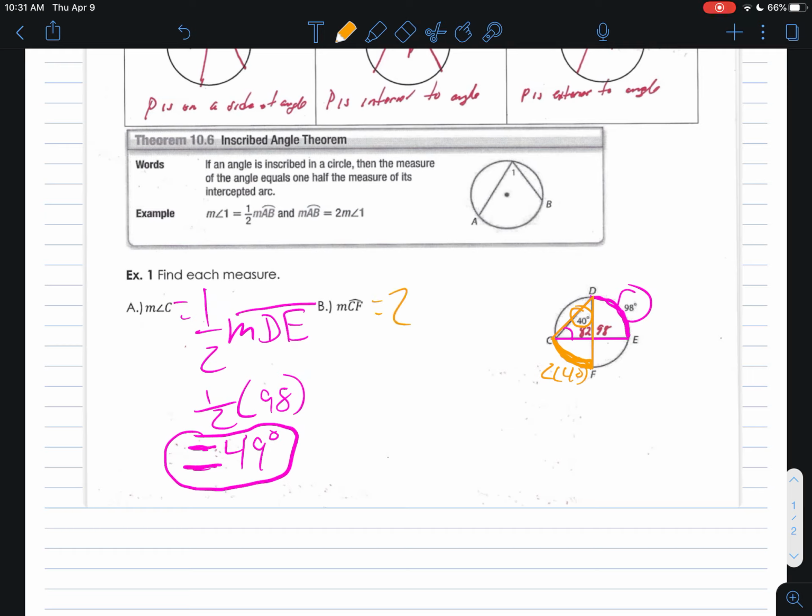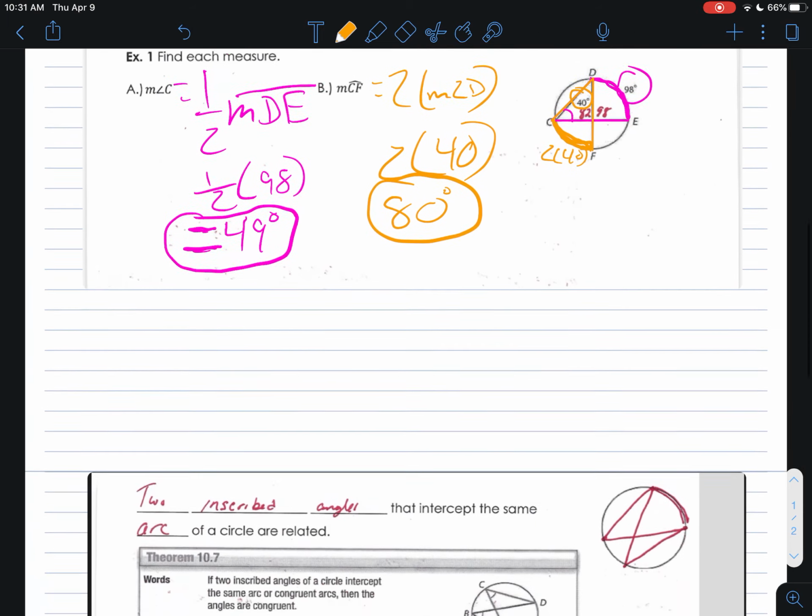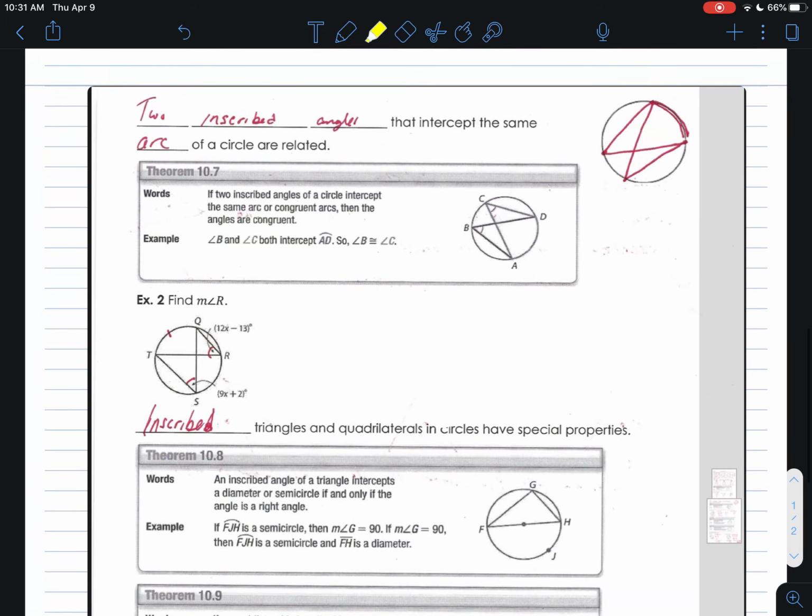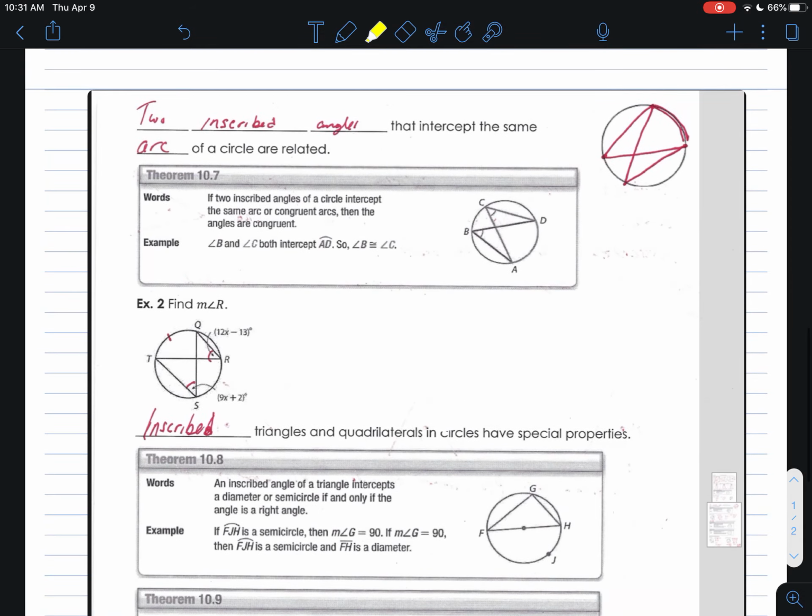And that's going to equal 2 times the measure of angle D. 2 times 40, 80 degrees. All right, so those are actually pretty simple. Now, once again, make sure you take a look at these. This right here.